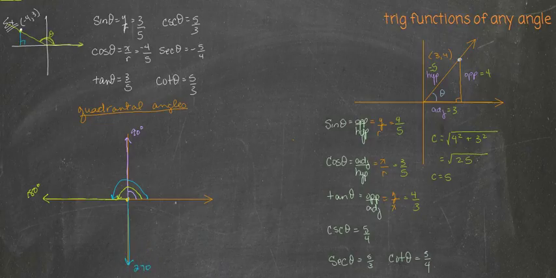And the terminal ray for the 0 angle and the terminal ray for the 360-degree angle, they're coterminal, they coincide, aligns with the positive x-axis. So this is 0 or 360.